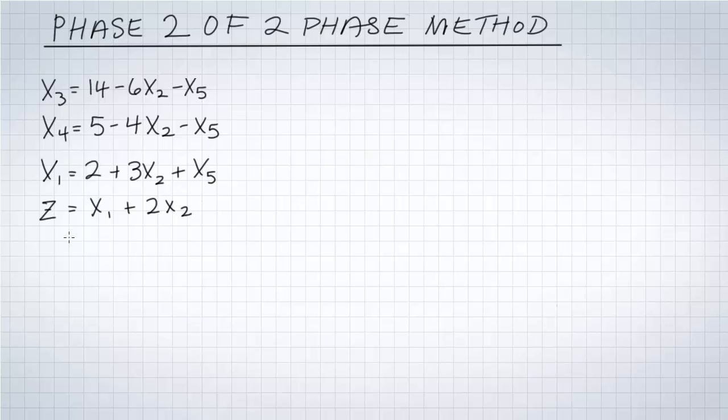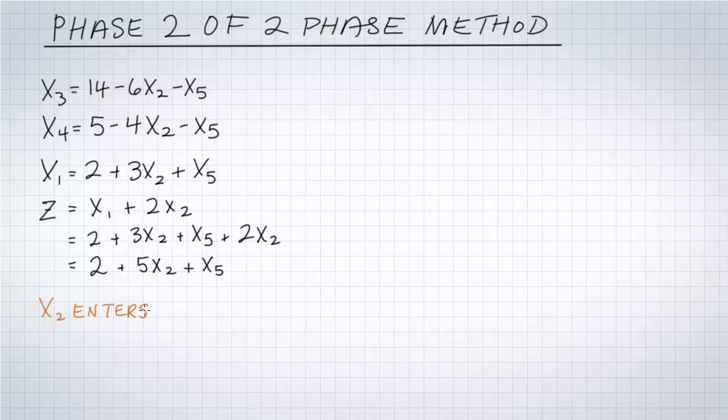We now substitute, so that's 2 plus 3x2 plus x5 plus 2x2, which becomes 2 plus 5x2 plus x5. Since we're maximizing, we haven't finished yet because we can do better by having x2 or x5 enter the basis. And x2 looks more promising. So x2 enters.